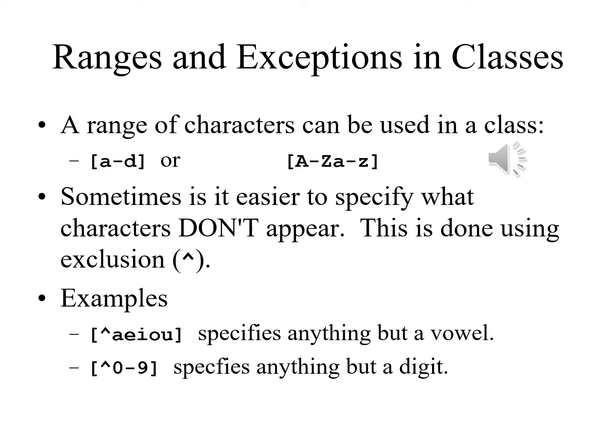In the case you see here, I have open bracket and then caret A, E, I, O, U, close bracket. That will specify any character, not any letter, but any character other than a vowel. Caret 0-9 in square brackets specifies any character except for digits.